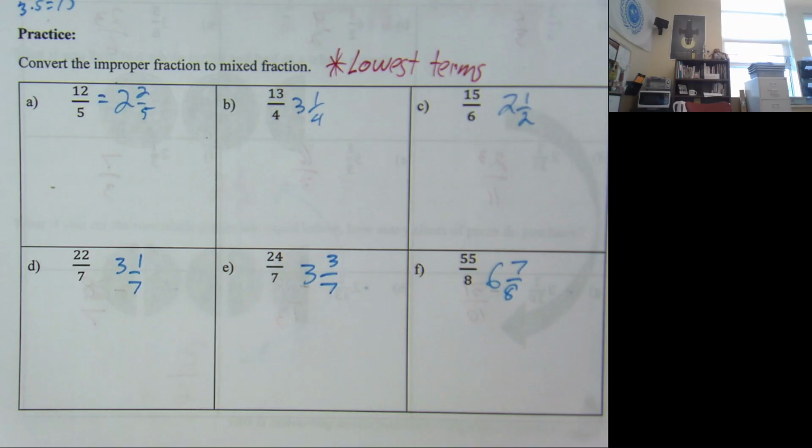The 2 is going to be the whole number here. And 10 fifths, so what we're pulling out here, so 12 minus the 10 is 2. And the denominator stays the same. The 12 fifths is going to become 2 wholes and 2 fifths.